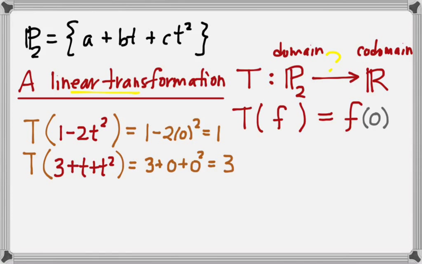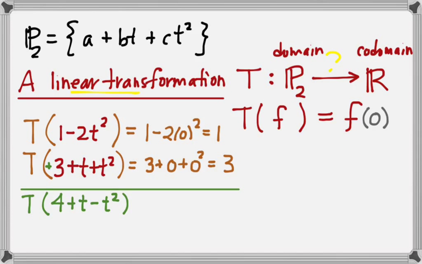Now, if this really is a linear transformation, then it shouldn't matter if I decide to add my two vectors together, in other words, my two polynomials together, and then apply T. So the sum of these two was 4 plus t minus t squared. If I apply T to that sum, first of all, what do I get? 4. 4 plus 0 squared.